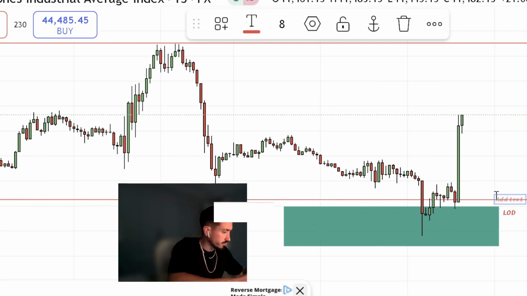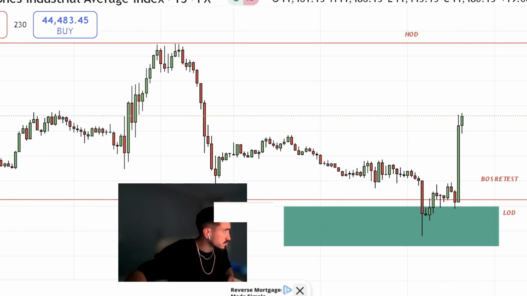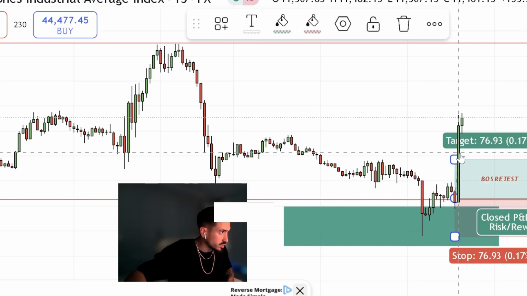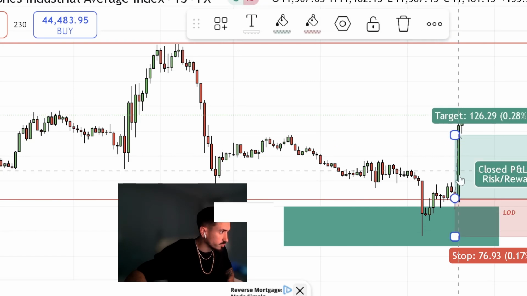So break of structure, retest. And as soon as price came up, tested the level, tested again, we targeted a 1 to 1.5 ratio.